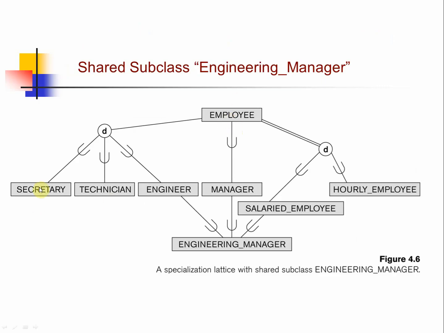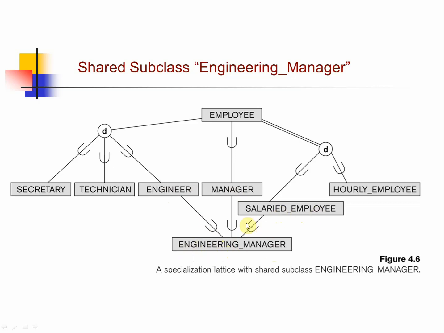Previously, we have employee, and based on job type, we have these three subclasses. We have manager. Based on how they are paid, we create two subclasses over here. Take a look at this one, engineer manager. This is a subclass belonging to the engineer superclass, belonging to the manager superclass, as well as belonging to salaried employee.